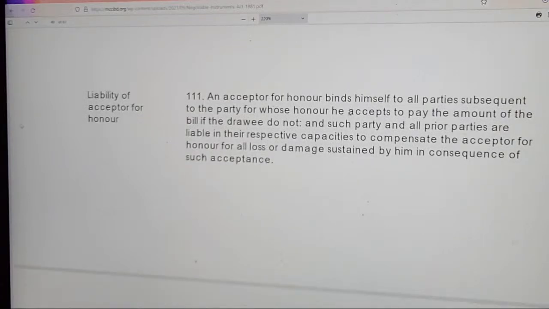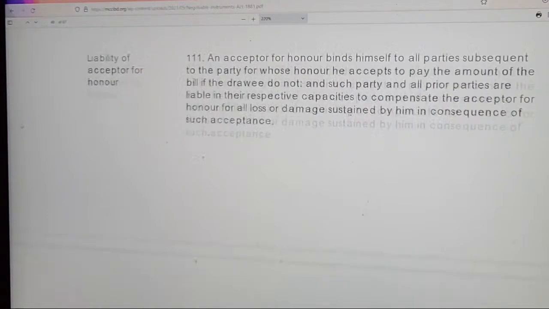Liability of acceptor for honor. 111. An acceptor for honor binds himself to all parties subsequent to the party for whose honor he accepts to pay the amount of the bill, if the drawee do not. And such party and all prior parties are liable in their respective capacities to compensate the acceptor for honor for all losses or damages sustained by him in consequence of such acceptance.